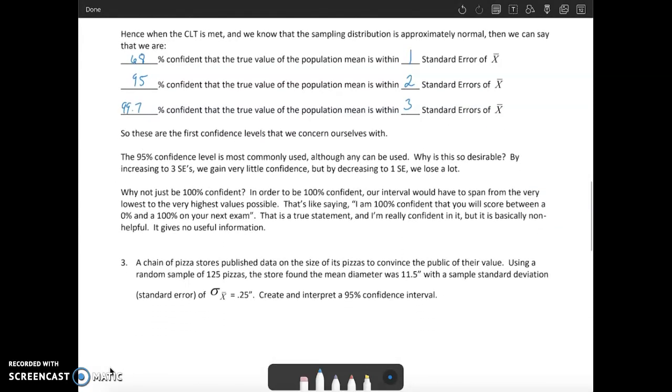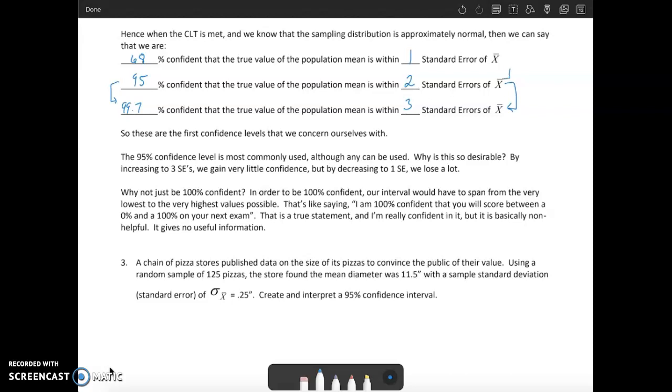The 95% confidence level is the most commonly used, although you can technically use any confidence level you want. But why is this one so desirable? Notice that if you go from 2 standard errors to 3 standard errors, you increase your confidence very little. You go from 95% confident to 99.7% confident, so you only gain about 4.7%.